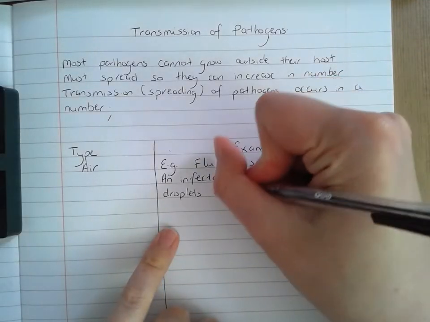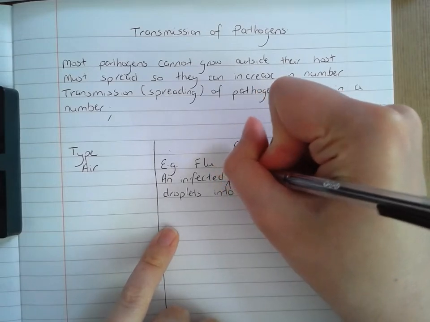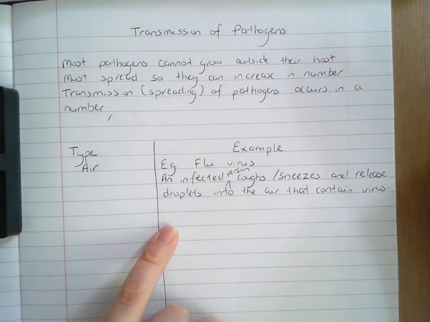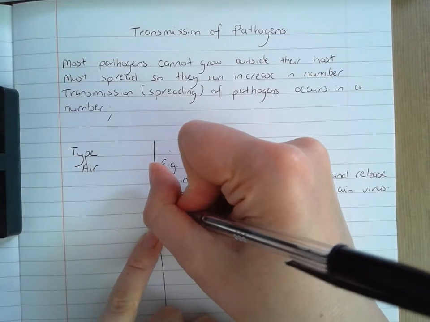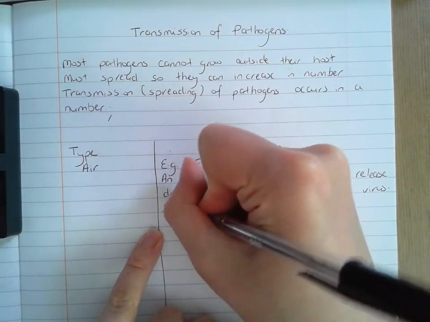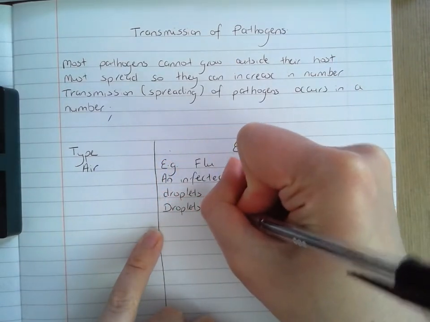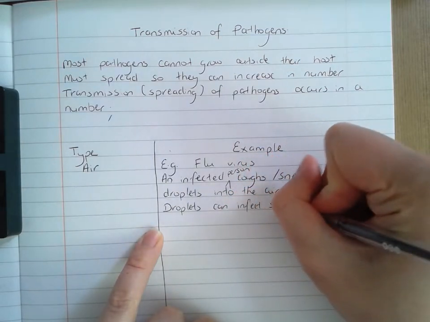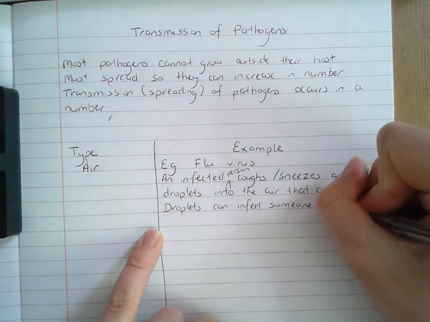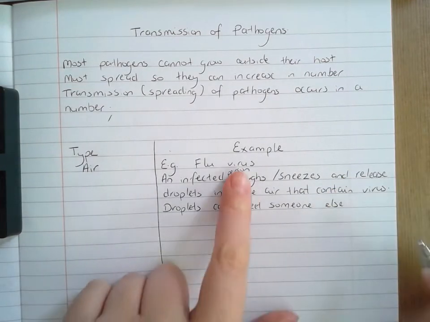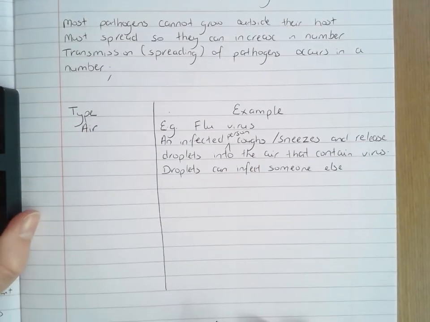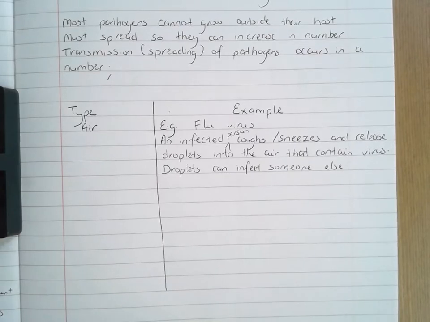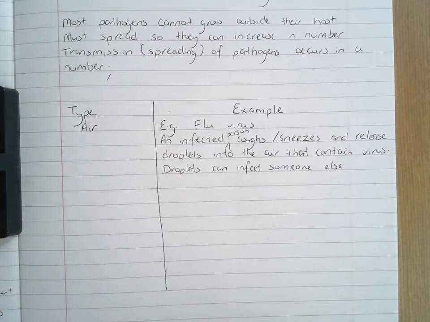An infected person coughs or sneezes and releases droplets into the air that contain virus. Droplets can then infect someone else. Okay, and the flu is just one example of a pathogen that can be spread through the air.